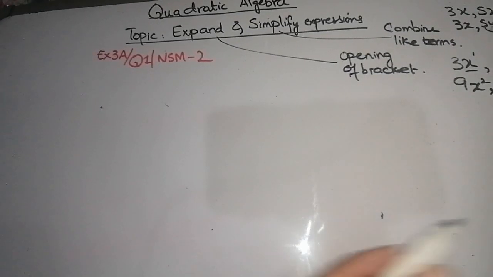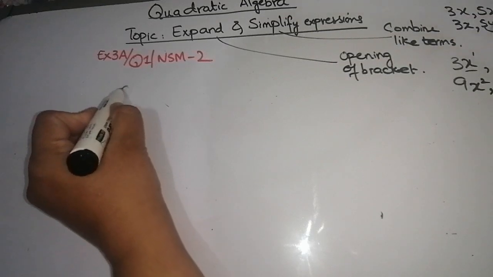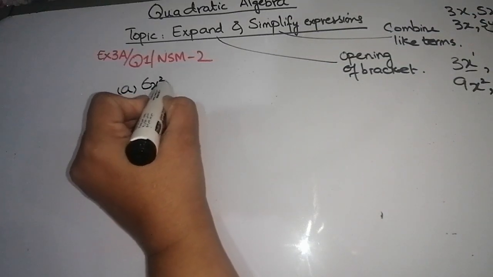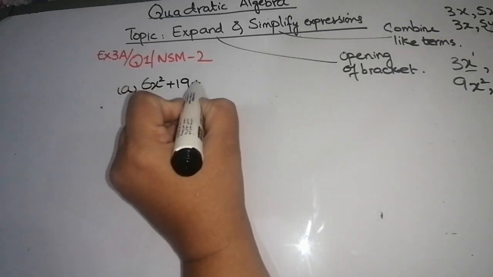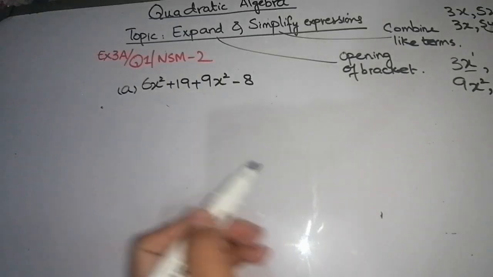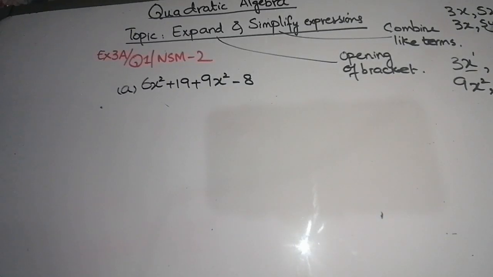So we are going to solve the A part first. Let me write it for you. The A part of this question is 6x square plus 19 plus 9x square minus 8. You can see there are a total of 4 terms in this expression, and it is a quadratic expression because x has a power of 2.